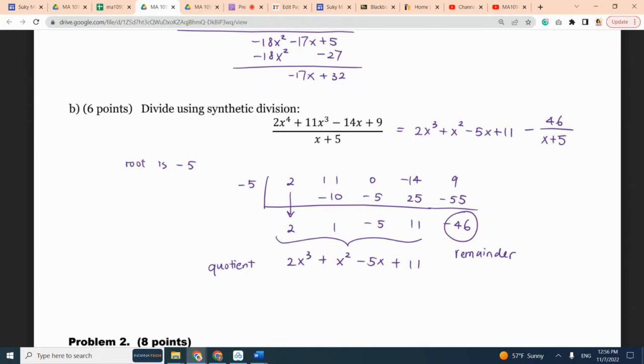And because we don't have x squared, that means 0x squared. Some of you missed that 0. Okay. So that is part B. And this is the remainder, and this is the quotient. Therefore, this equals the quotient minus 46 over x plus 5.